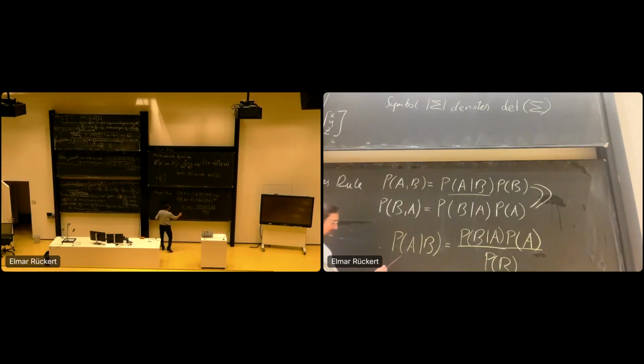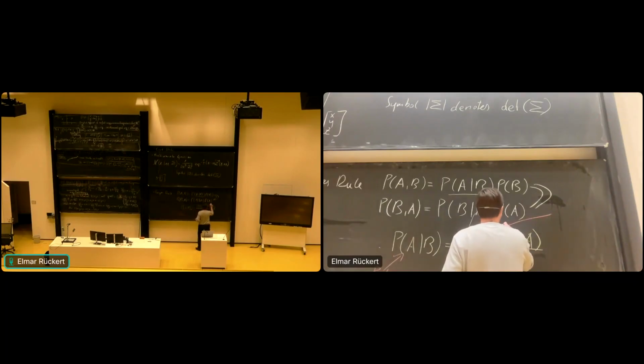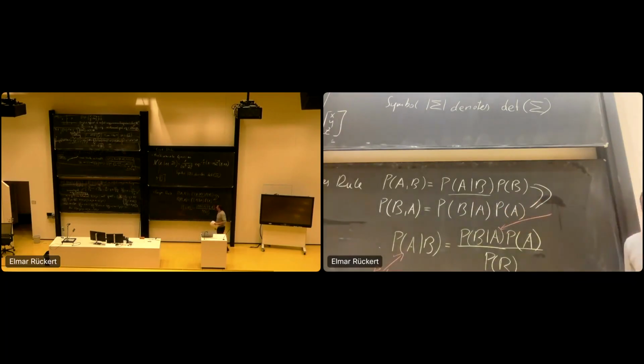So this term is called posterior. That's typically the thing that we want to compute. The thing that we know, the thing that we can measure, is called the likelihood.